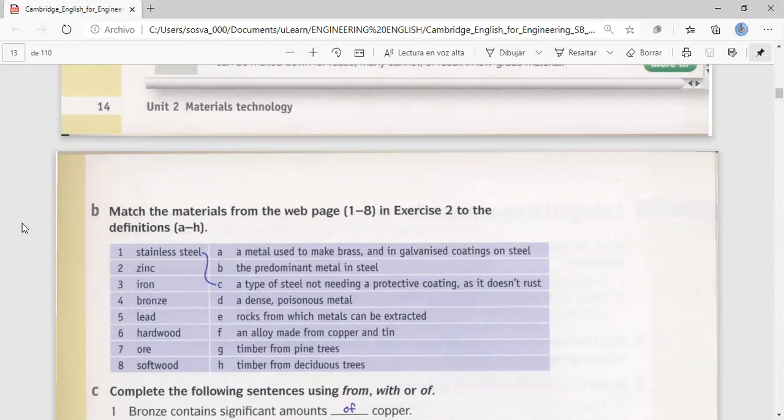Letter B. The predominant metal in steel, the zinc, you said. No, I'd rather use this one. Let me use the color red. Zinc is a metal used to make brass. It's letter A. Okay. To make brass, and it's a galvanized coating on the steel.